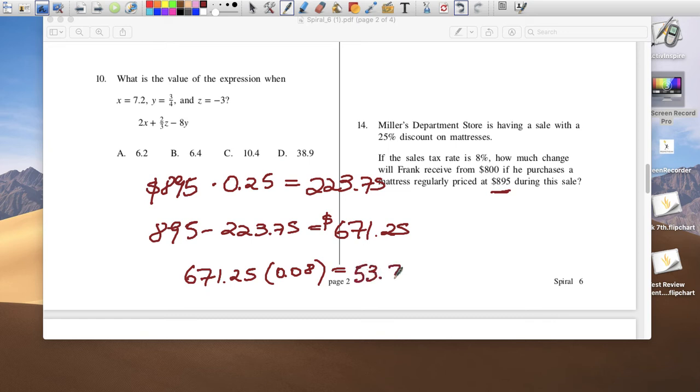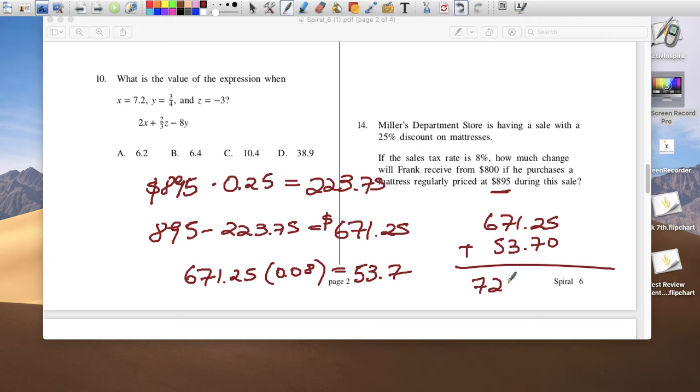If you add now the price of the mattress, which is $671.25, plus the tax, which is $53.70, you should get the final price. 671.25 plus 53.70 gives us a grand total of $724.95.